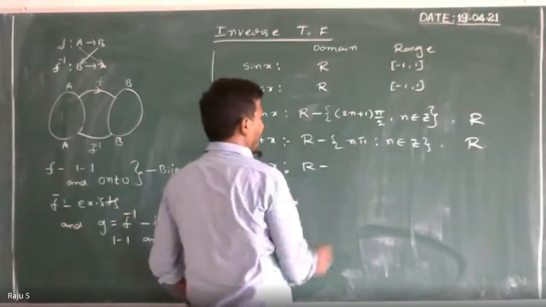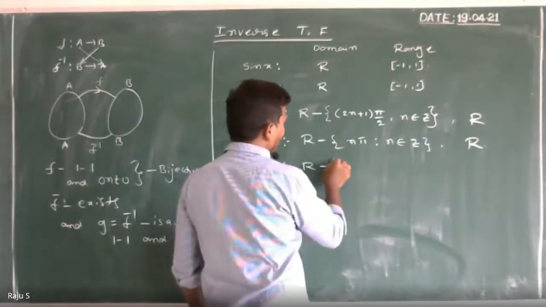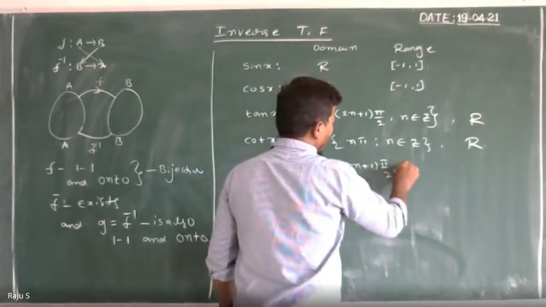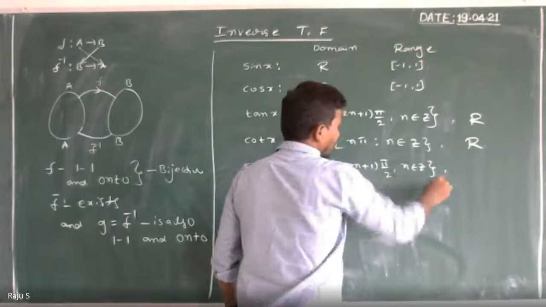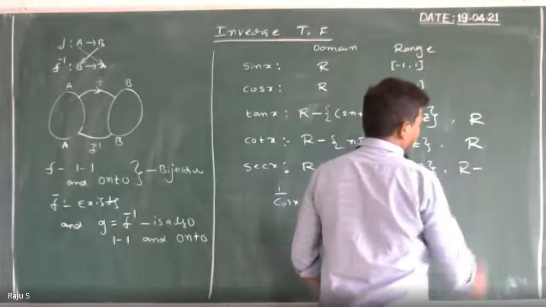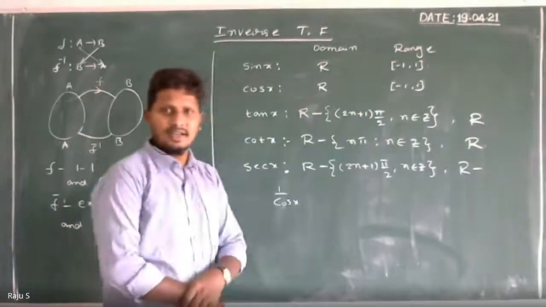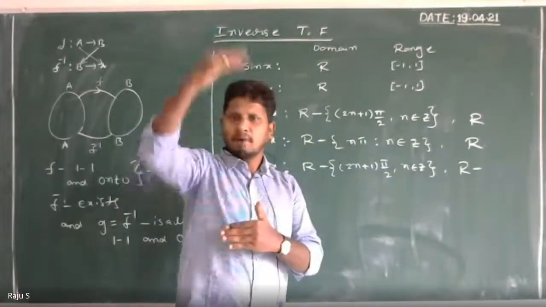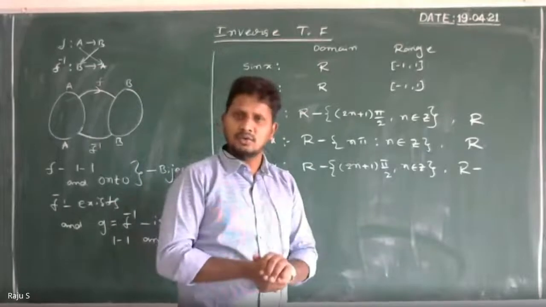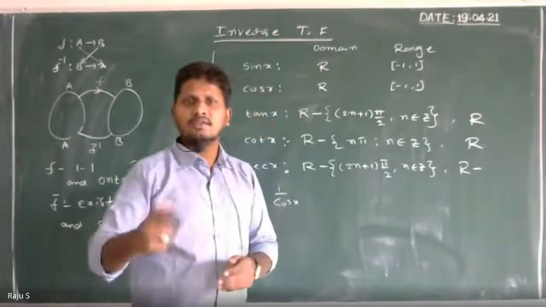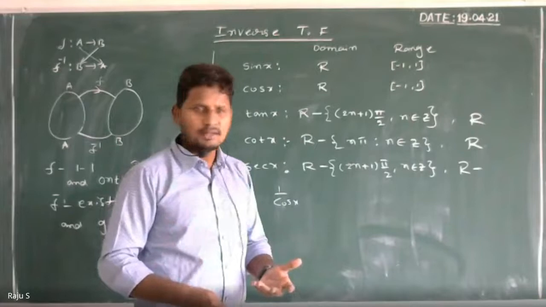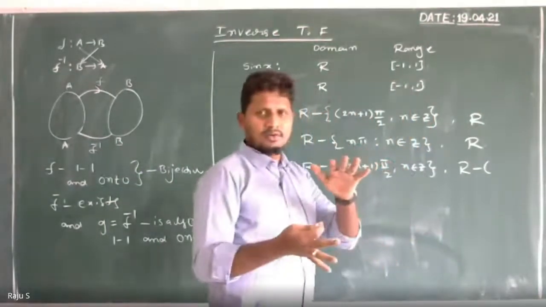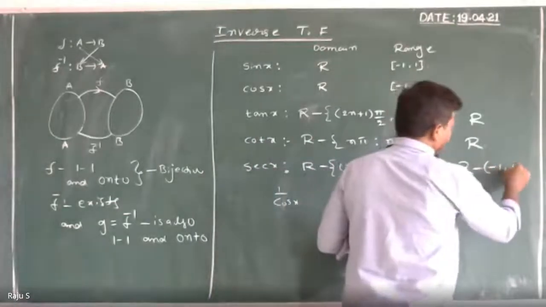Whatever we wrote for tan, we write here: R minus (2n+1) pi by 2, where n belongs to Z. Coming to the range, secant and cosecant do not exist between minus 1 and 1. Secant 0 is 1, secant 180 is minus 1, so the values should not lie between minus 1 and 1.